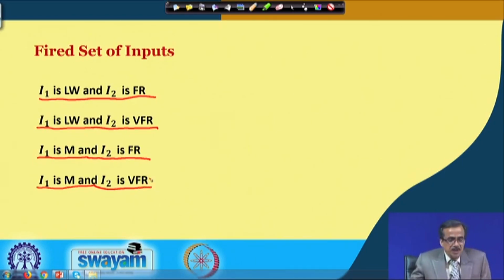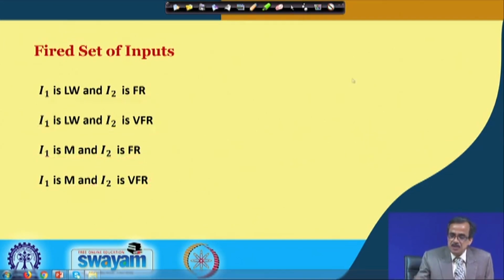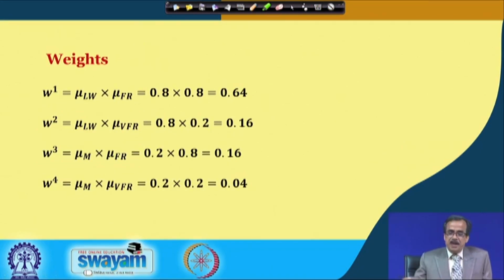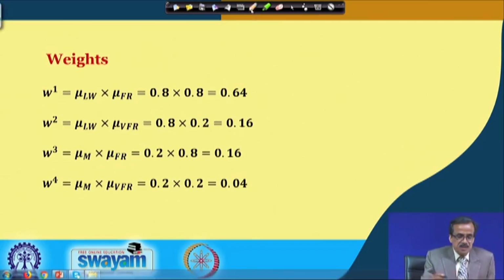Now, corresponding to each of these sets of fired input parameters, we should be able to find out the weight. Let us see how to find out those weight values. To determine the weight values, we try to find out W 1, that is the weight of the first fired rule, and this W 1 is nothing but mu low multiplied by mu far.